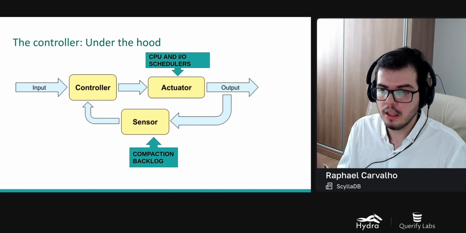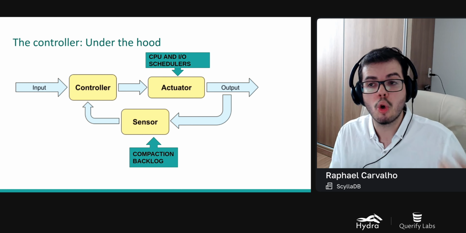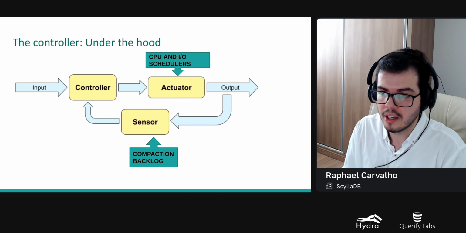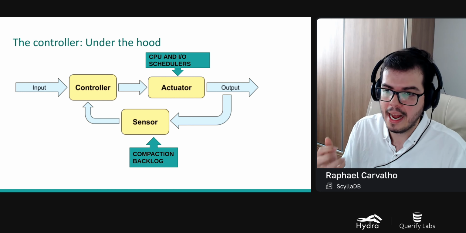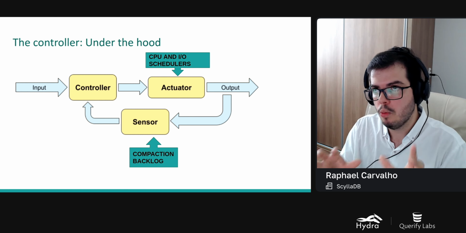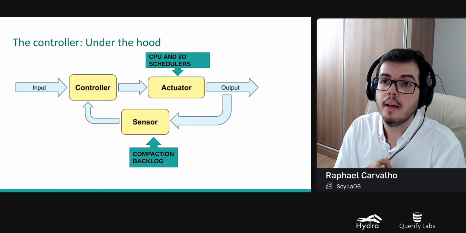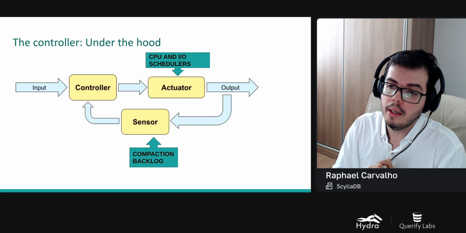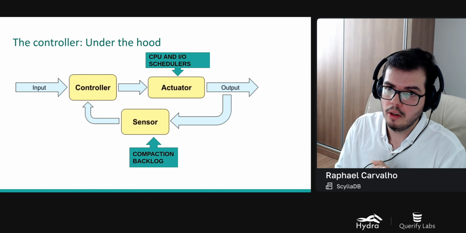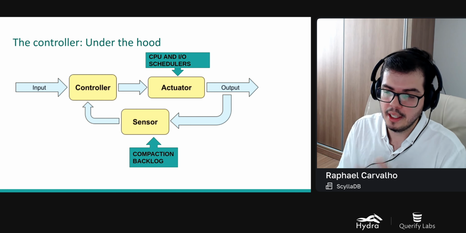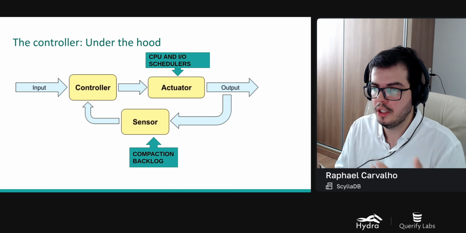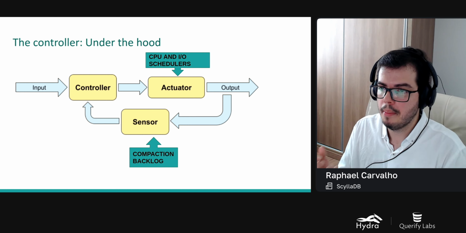Compaction backlog is basically how many bytes need to be compacted to get to the desired state. And given that each policy has its own write amplification, we need to do it per strategy. Like I said, we need to implement a method for each compaction strategy for measuring backlog.